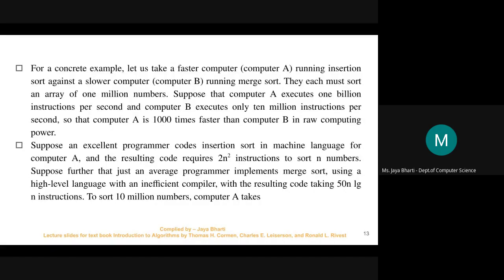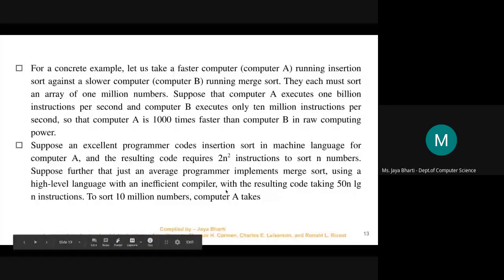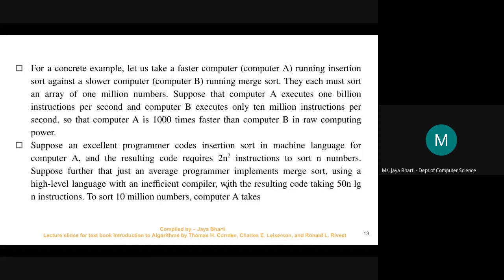So computer B is not as fast as computer A, it has an inefficient compiler, and its program is written by an average programmer. Only thing is computer B is running merge sort and computer A is running insertion sort. Computer B takes 50 n log n instructions, so here c2 is equal to 50.